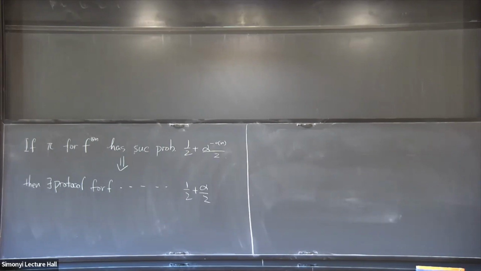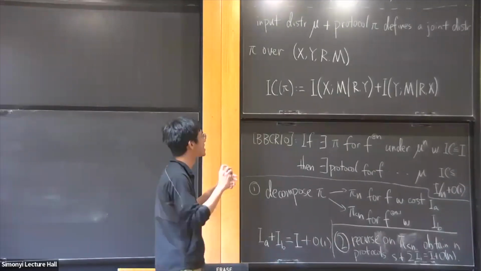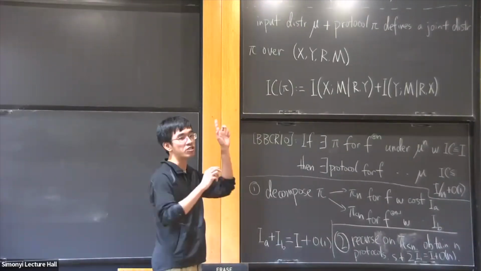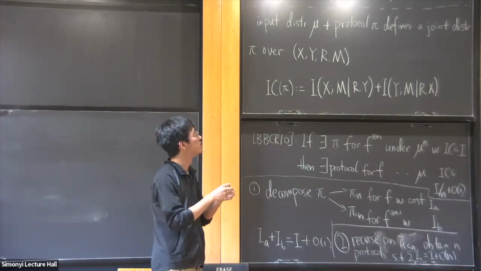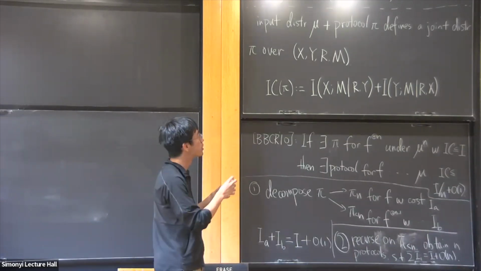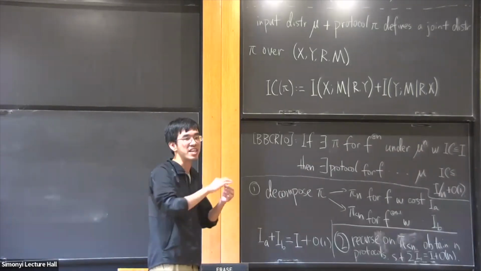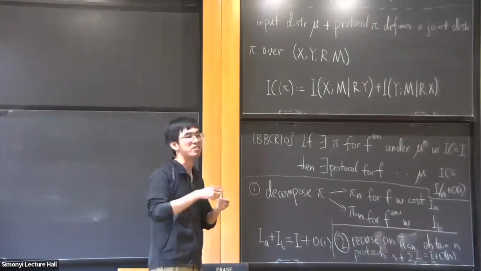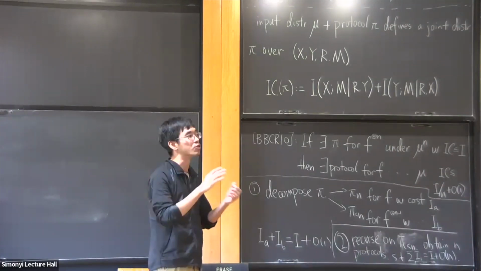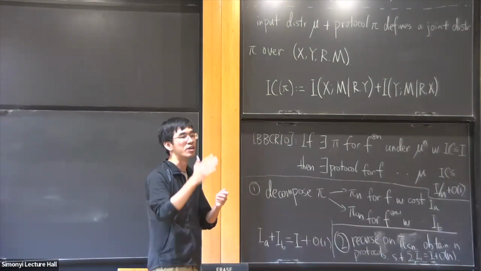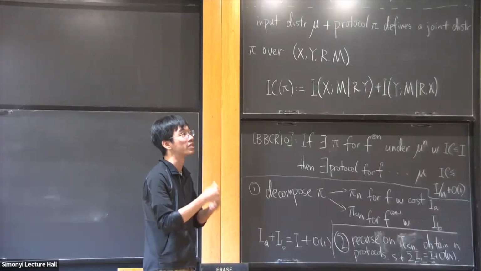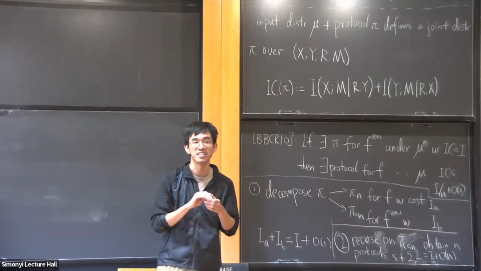Is it enough to prove the weaker version of your main theorem? Yes. This is related to one earlier comment I had: without the exponentially small advantage for bounded rounds, the result is actually known. So this is implied by this 2/3 thing, and then by the information compression that I mentioned earlier. If you have a protocol with information cost something, then you can design another protocol with communication. I almost mentioned that.